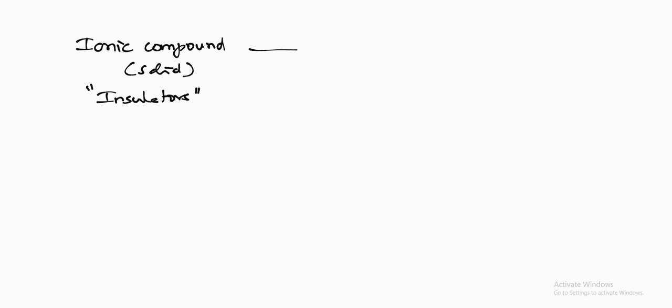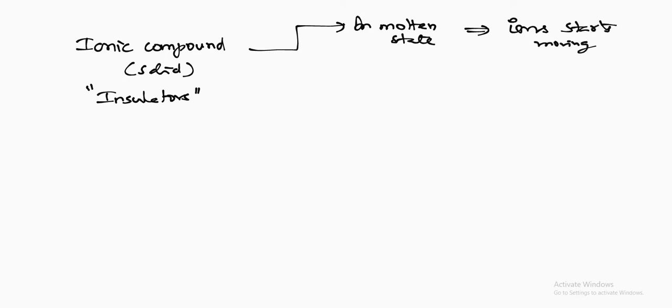Whereas if you melt it, in molten state, they furnish free ions. The ions get freed, right? Ions start moving. Similarly, if you dissolve in some solvent, it is called dissolved state. In dissolved state means the substance is dissolved in some solvent.